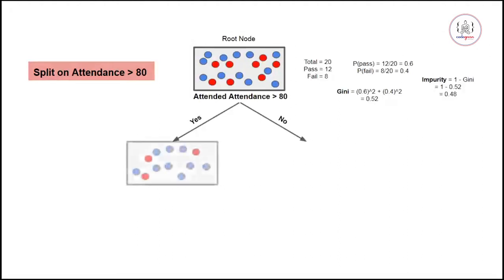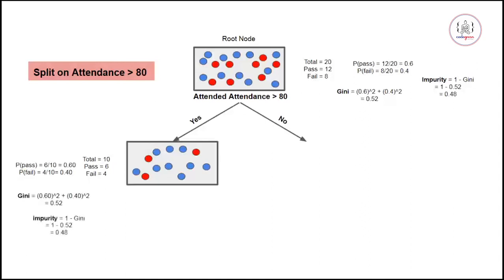In the left subnode we have a total of 10 data points, where pass equals 6 and fail equals 4. Again you calculate the probability of pass and fail, and it comes out to be 0.6 and 0.4. Then you calculate the Gini for this left subnode, and your Gini is 0.52 and your impurity is 0.48.